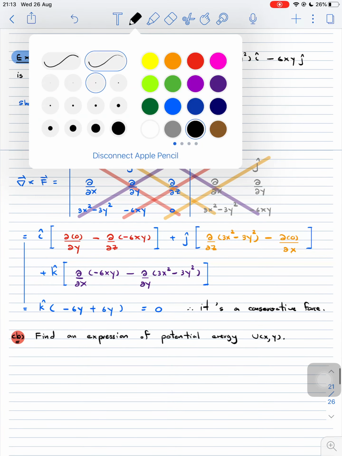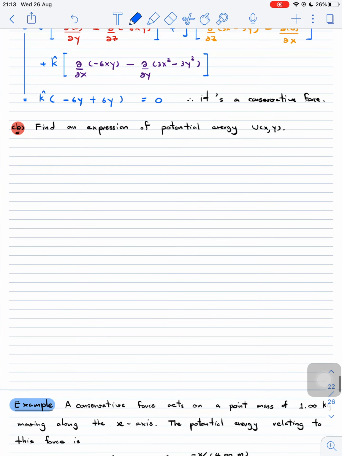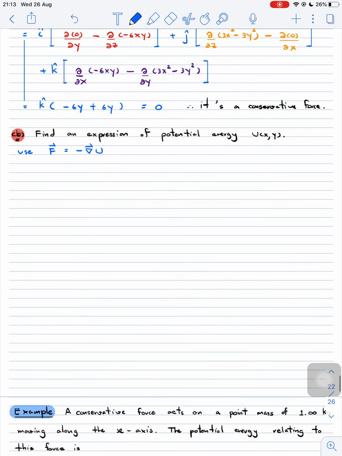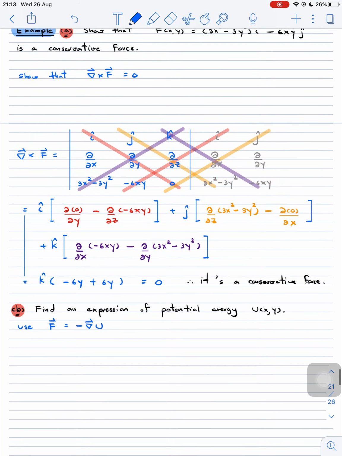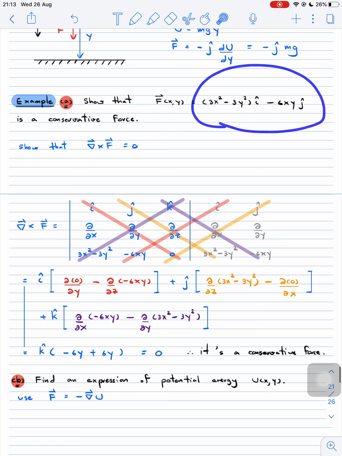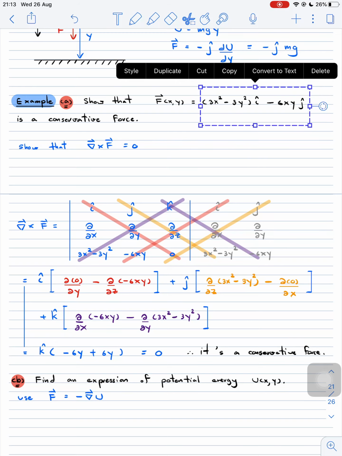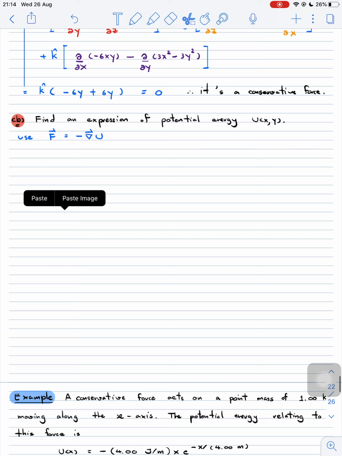Then let's use F equal to negative of the gradient of U. What is F? F is equal to this term, so let me make a copy and plug it here.